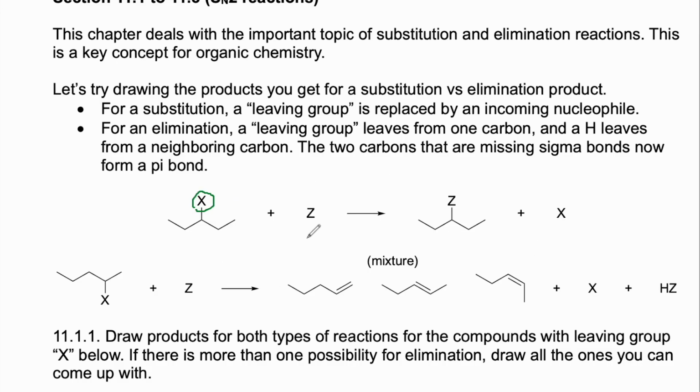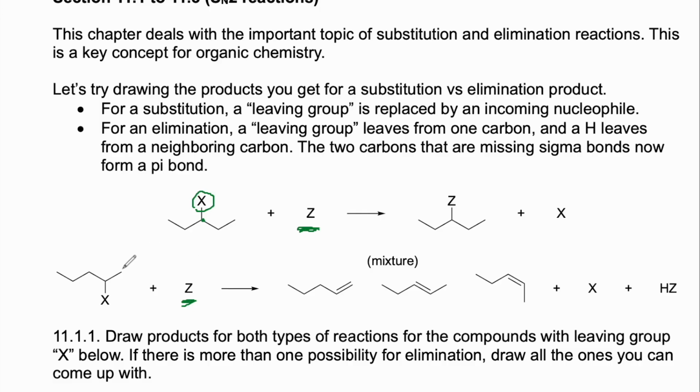From a substitution, you substitute X with another group, Z, a nucleophile that comes in and attacks this electrophilic carbon that has X on it, and Z results in being on that carbon. So it substitutes X. And for an elimination, this nucleophile, instead of attacking a carbon, attacks a proton.